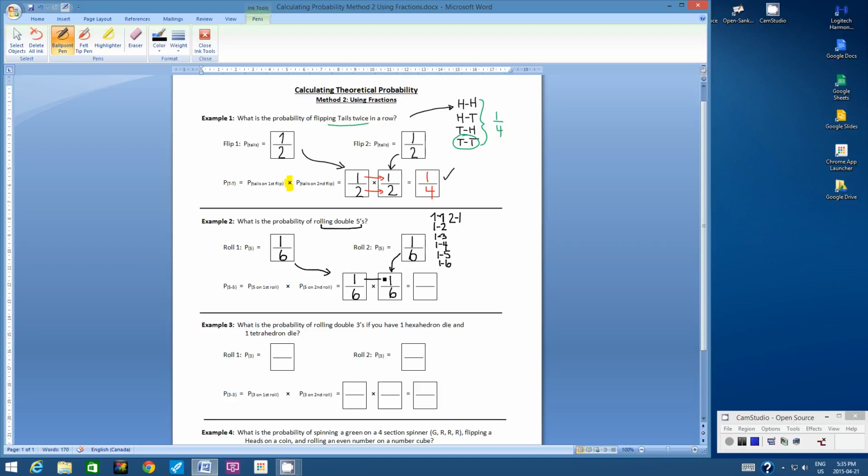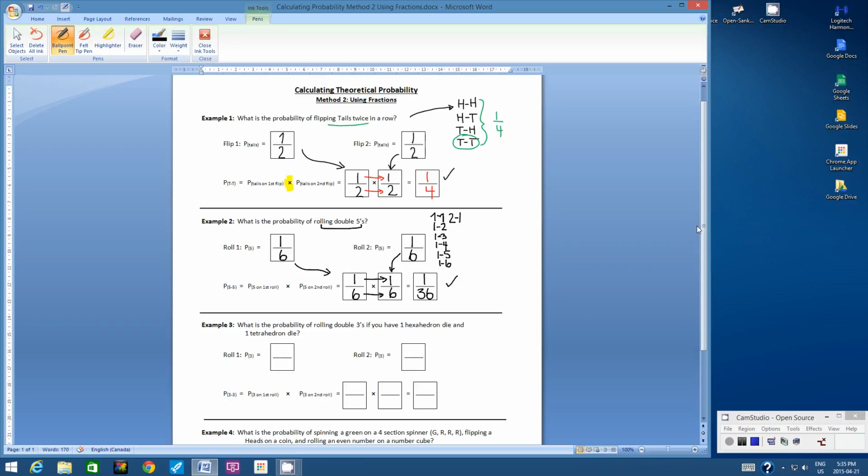We multiply straight across the numerators: 1 times 1 is 1. And then we multiply straight across the denominators: 6 times 6 is 36. Then, before you leave the question, ask yourself, is this fraction in its lowest terms? Because the numerator is 1, yes it is.